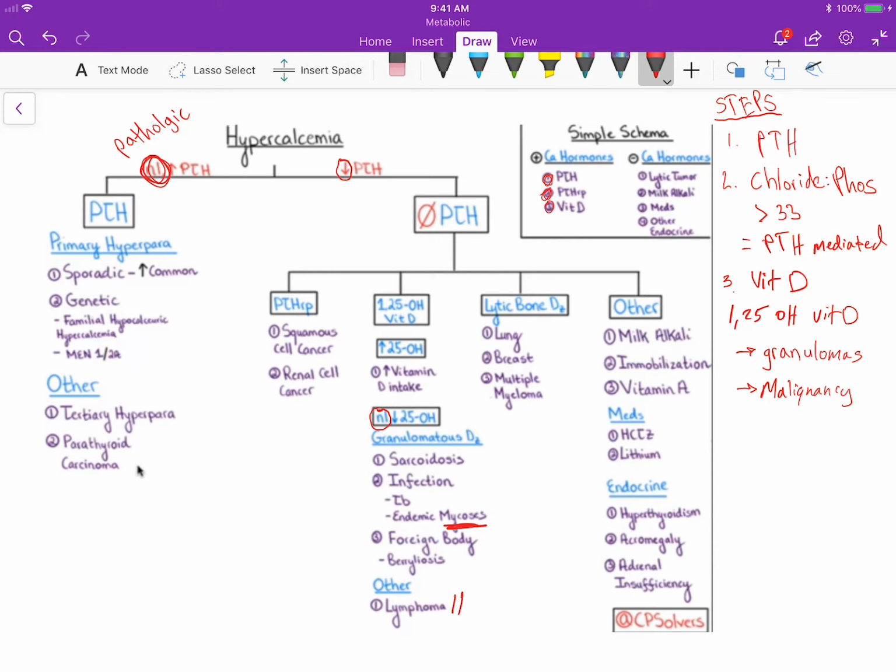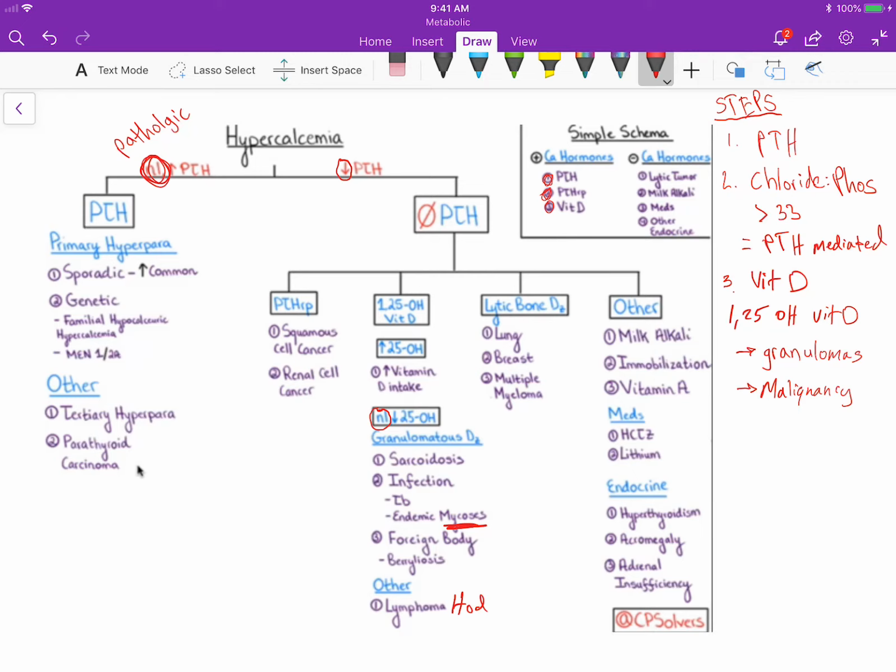Okay. All right. Maybe there's other types of lymphoma that does this too, but classically, your Hodgkin's lymphoma can be associated with increased calcium in the setting of increased 125 hydroxy vitamin D enzyme, whatever it is.